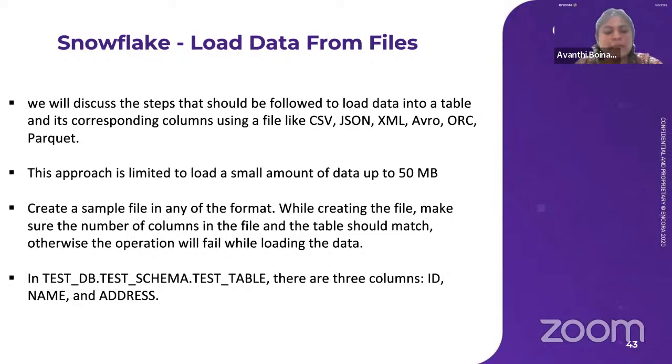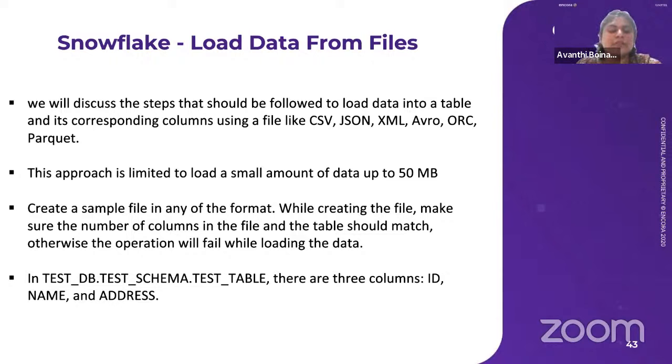Create a sample file in any of the formats. While creating the file, make sure the number of columns in the file and table match, otherwise the operation fails while loading the data. So we should check all those details before loading the data.